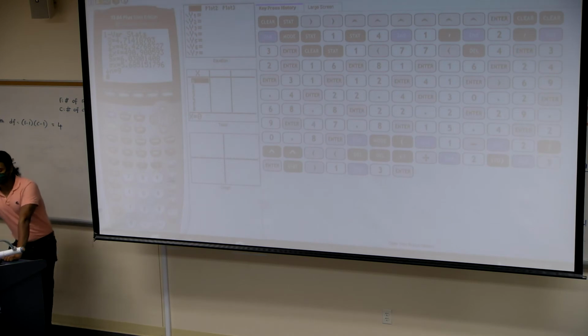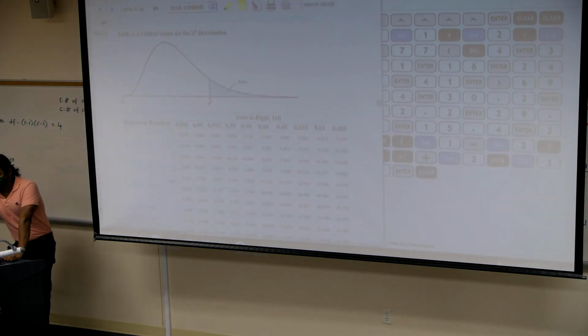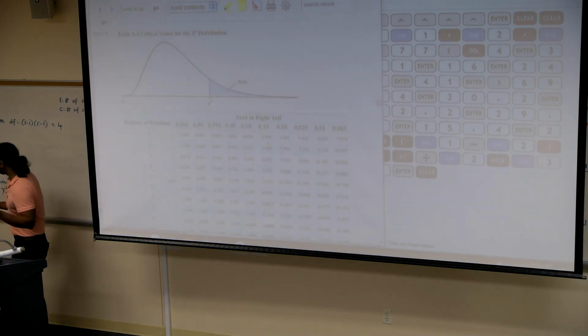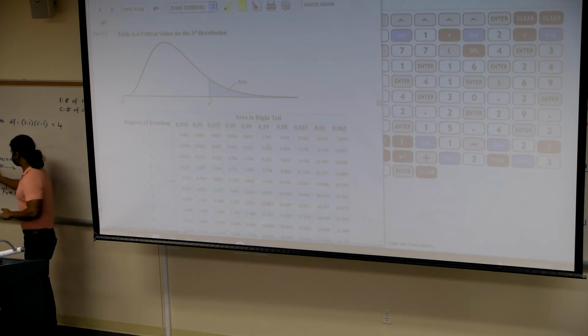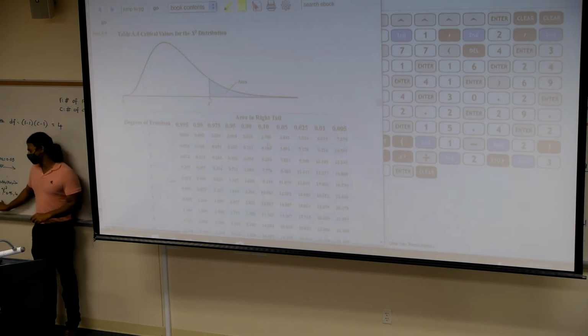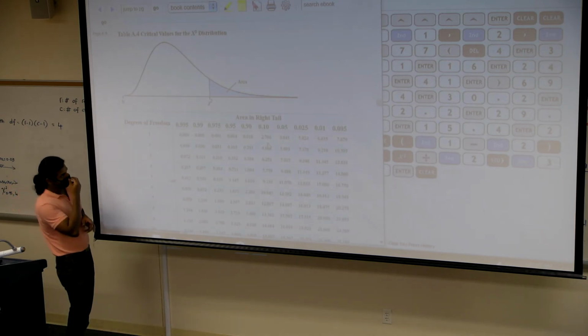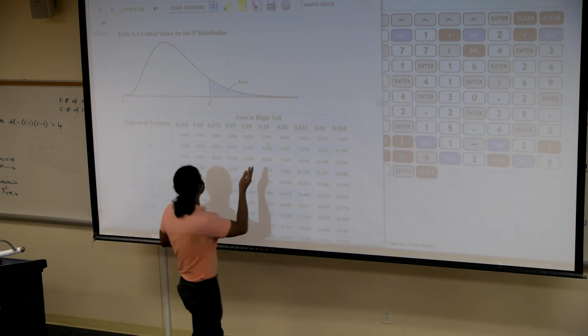So we have the degrees of freedom. Of course, the table there uses the area above. My notation, I'm using the area below, but do pay attention to what type of table you have.